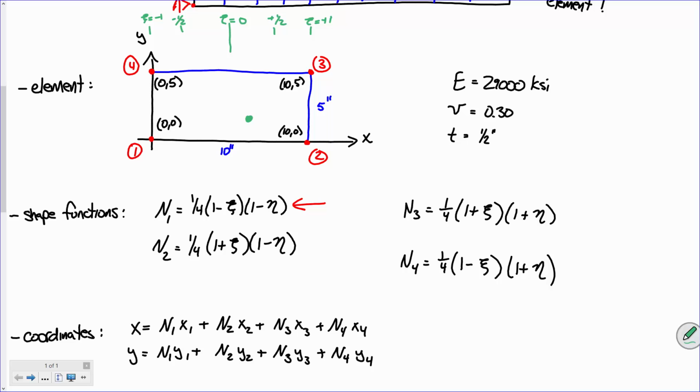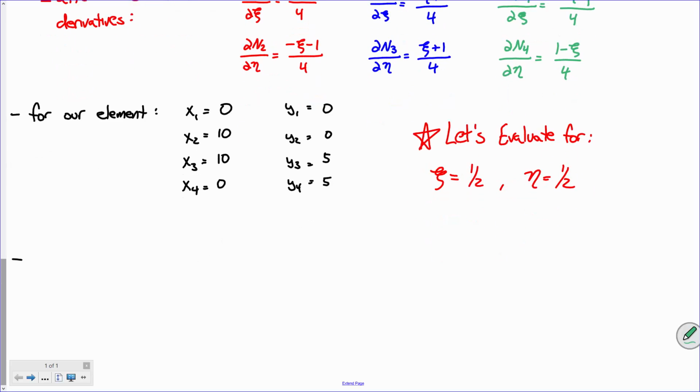So would it be a fair statement to say that this corresponds to x equals 7.5, y is 3.75? Do you all see how I did that, or did I just pull that out of the air? Think of the element, we're mapping it to go from -1 to +1.